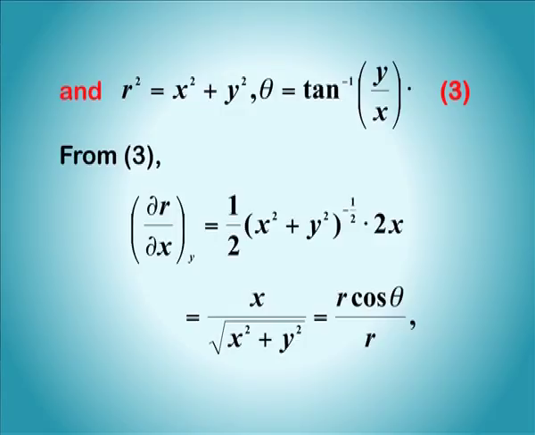You put x is equal to r cos theta in the numerator, and then we have x upon root of x square plus y square, where x square plus y square is equal to r square from equation 3. So you get x upon root x square plus y square equals r cos theta upon r.